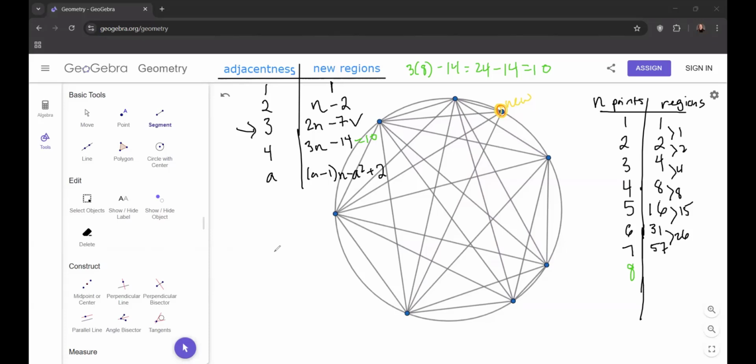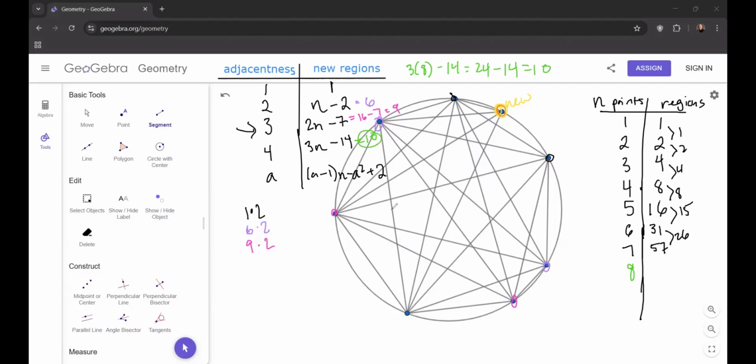Okay, so let's go ahead and fill in our table for our 8 points. We had 57 regions already. What are we going to add? We've got 2 that are 1 away, creating 1 new region each. We've got 2 that are 2 away. If we are on 8, 8 minus 2 is 6, so they're each creating 6 new regions. Then we've got 2 that are 3 away. Each of those is creating 16 minus 7, which is 9 new regions.